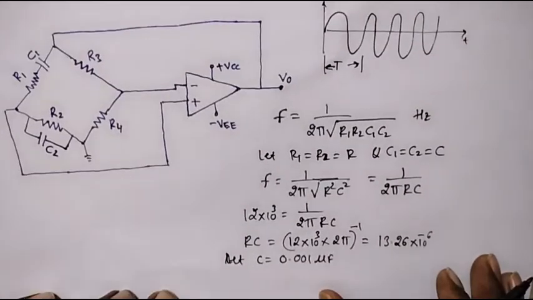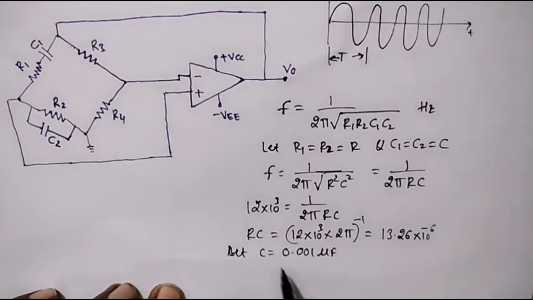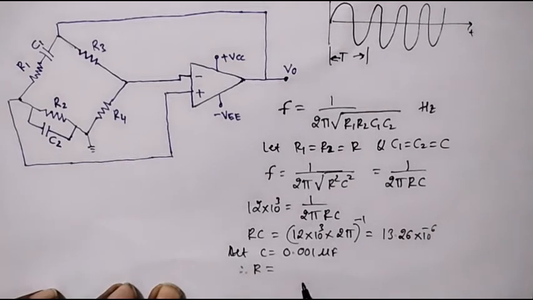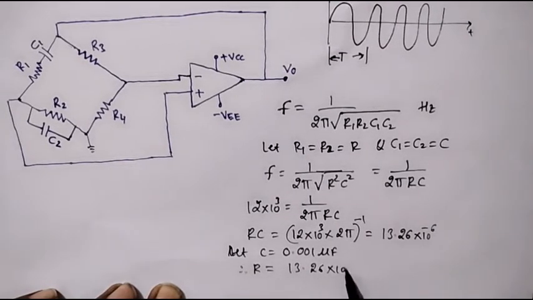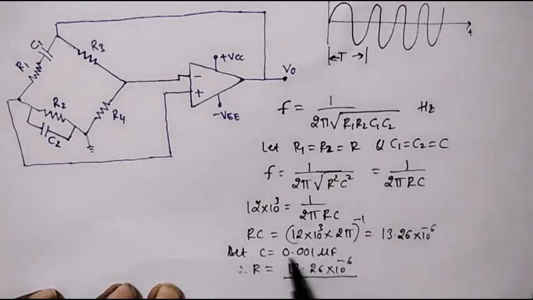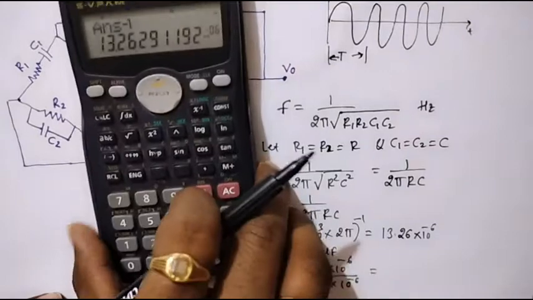If we choose the value of C, then with the help of this equation we can easily find the value of R. Therefore R is equal to 13.26 into 10 raised to minus 6 divided by the C value, that is 0.001 into micro, which is nothing but 10 raised to minus 6.